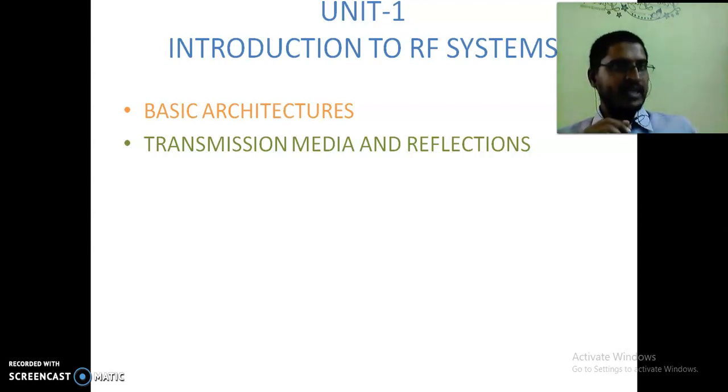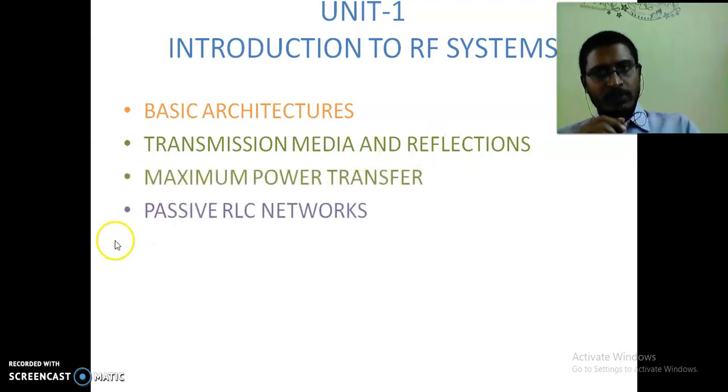How it affects wave propagation from transmitter to receiver, how the wave undergoes transmission, reflection or attenuation in between, and also reflections. What is reflection? The signal reflected from the receiving antenna towards the transmitting antenna is reflection. What are reflections, how to avoid them, and what are the conditions to avoid reflections? We are going to study in this topic.